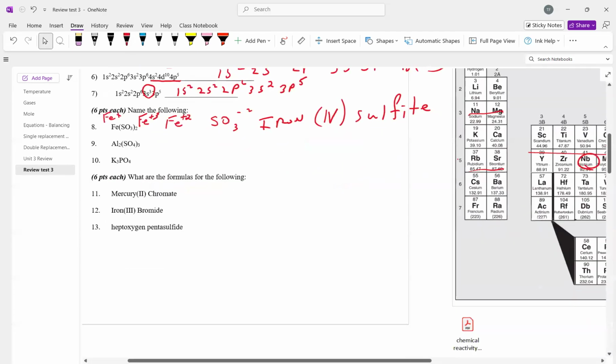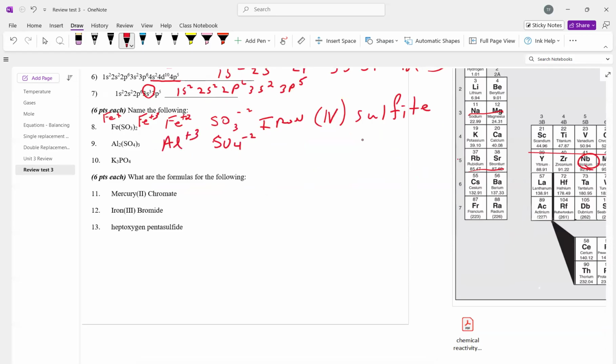We have aluminum sulfate. Now, sulfate is SO4 -2, and aluminum is +3. Now, aluminum only exists as +3. It doesn't exist as +2, whatever. It's only +3. Okay, so we have 2 aluminums, that's +6, and 3 -2s.